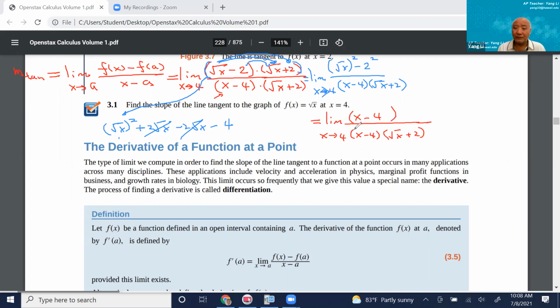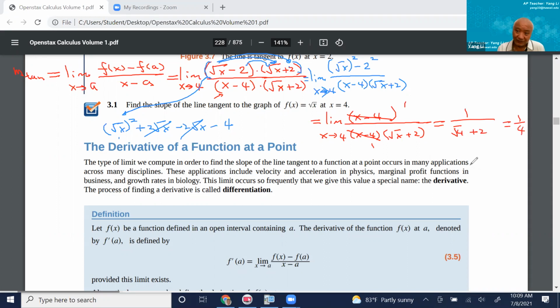When you got this one, things are easier because you cancel this x minus 4. So you see here how effective it is if you times numerator and denominator by the conjugate of this numerator, you will cancel these zeros here. So x approaches 4, just directly plug it in. So you have 1 over this one here, right? There's 1 here. So square root 4 plus 2 equals 1/4.